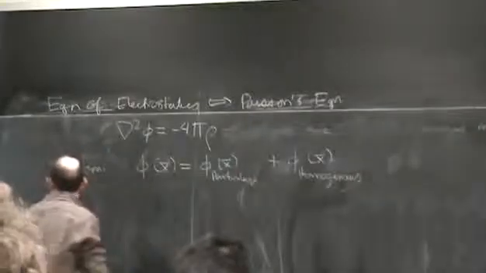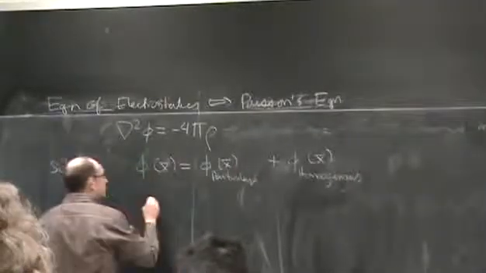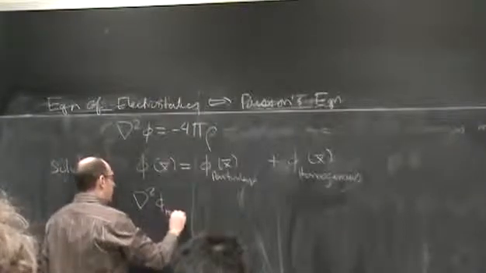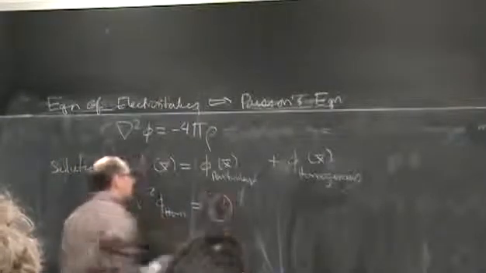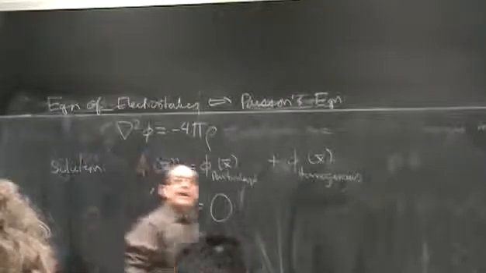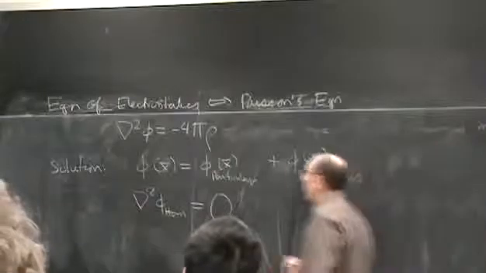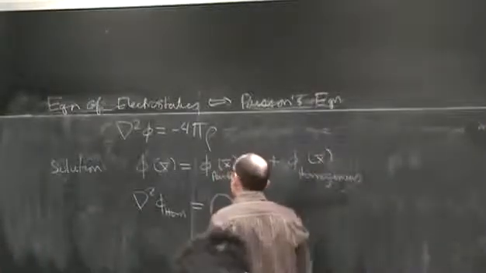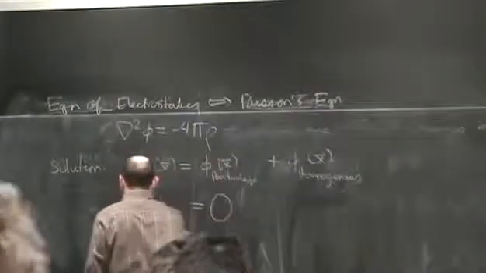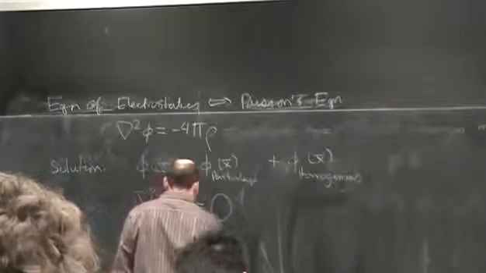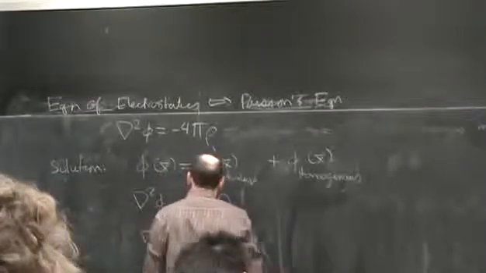So the homogeneous solution is something which satisfies del squared phi is 0. The particular solution satisfies a particular instance of this.